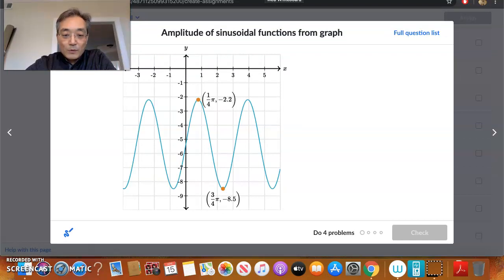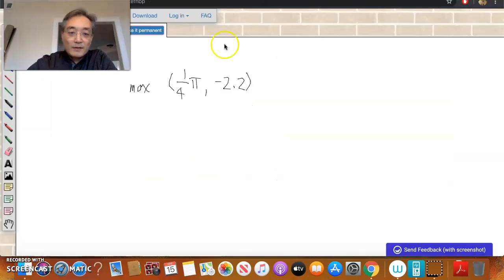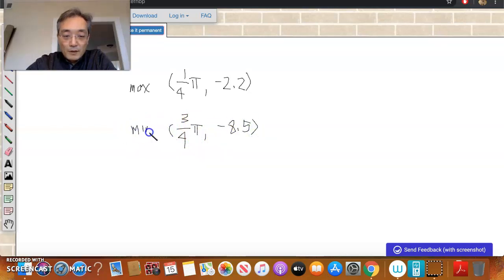And the minimum is 3/4 pi, negative 8.5. There's your min. So what would be the total vertical distance from negative 2.2 to negative 8.5?